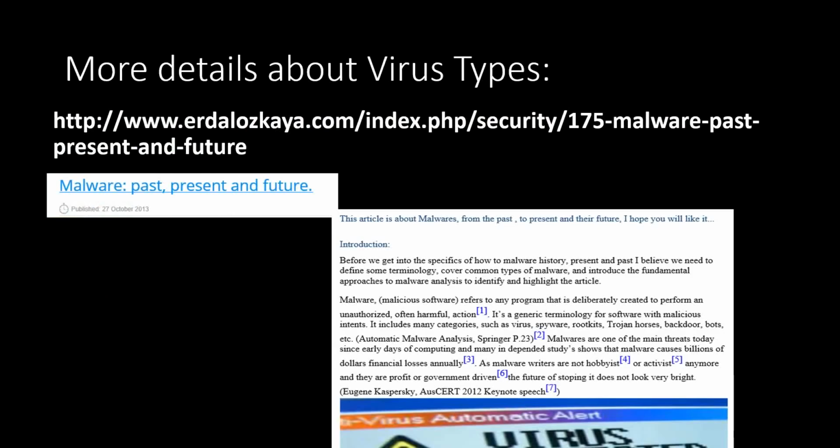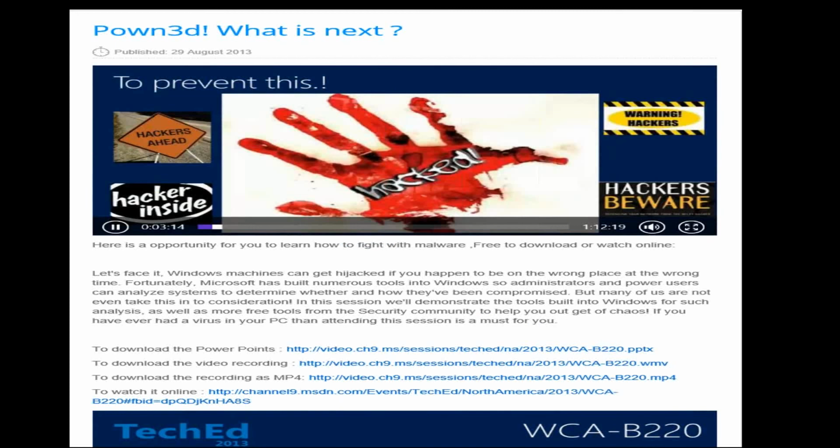You have an antivirus. Again, I've got lots more information about viruses, called malware, past, present, and future in my blog. Please go and read it. I've also got a session which you can go and watch in my blog called Found. What's next? Basically, your computer is hacked. You can just go and watch it. I delivered the session at the big Microsoft conference.